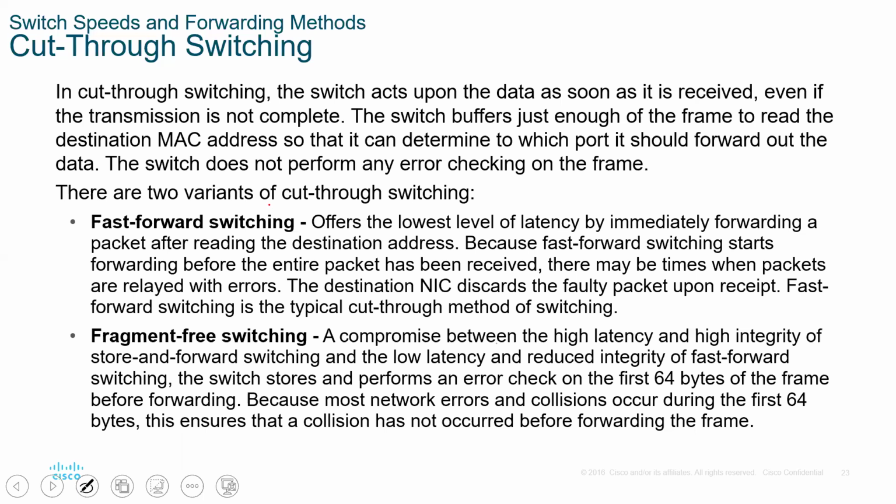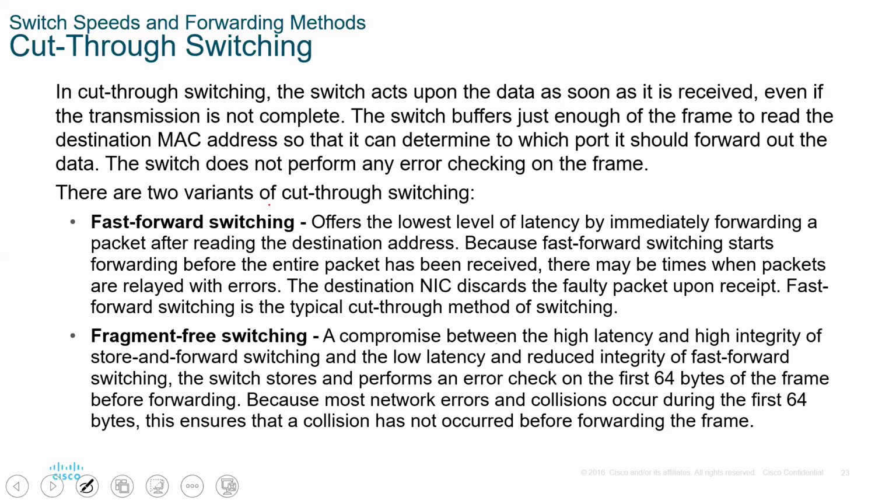The switch does not perform any error checking on that frame because it does not wait for the entire frame to be received. As soon as it receives the first 64 bytes, what is in the first 64 bytes? It contains the source and the destination MAC addresses.